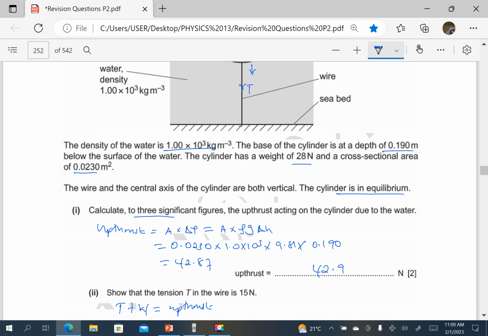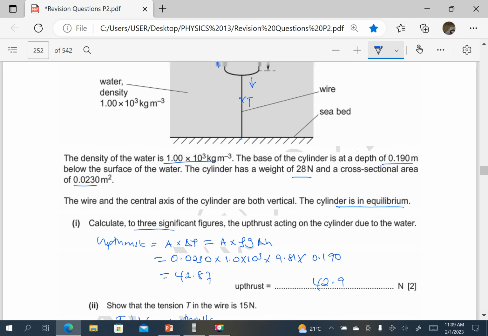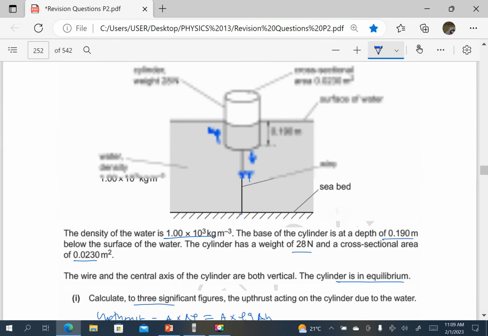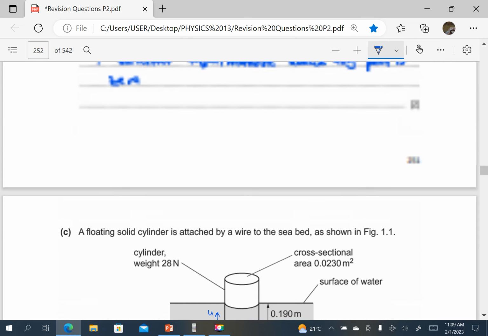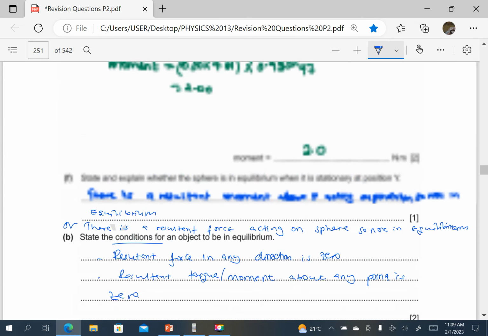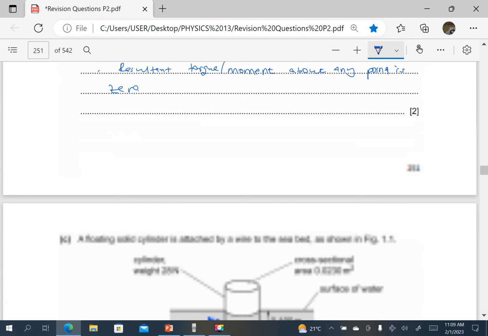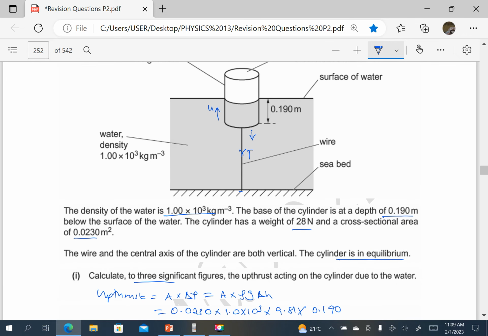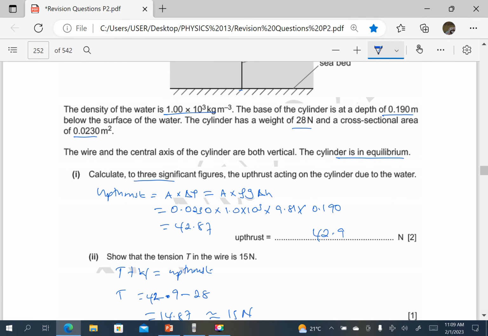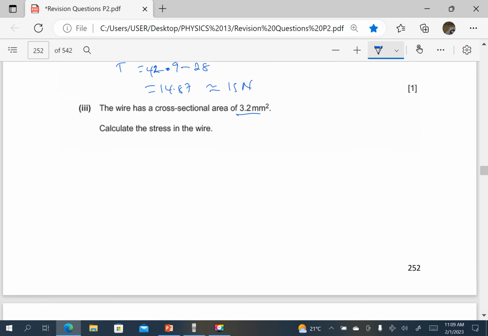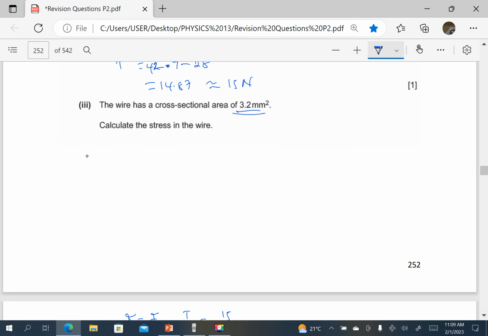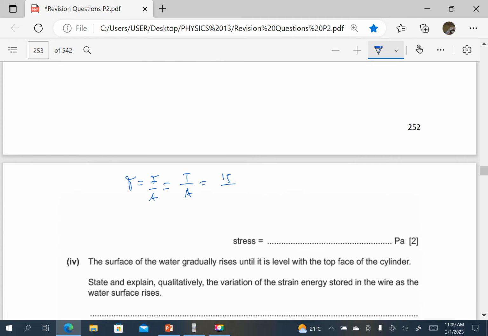So where is the cross-sectional area? The cylinder has a weight of that and the cross-sectional area of that. I'm looking for the cross-sectional area of the wire. Oh, it is here. The cross-sectional area of the wire is 3.2 millimeters squared, so that is 3.2.